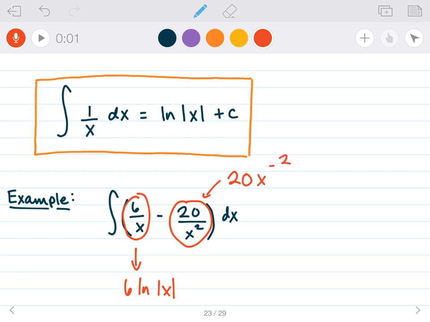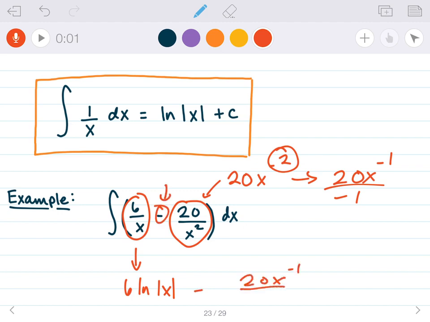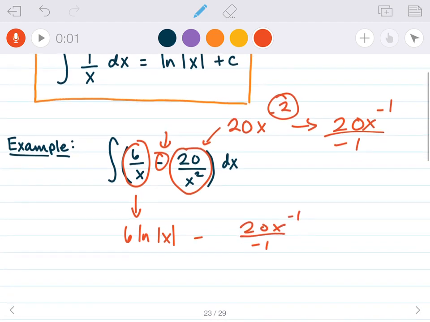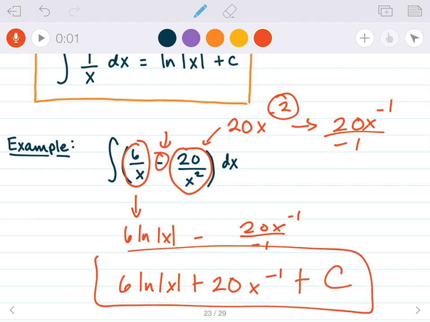So if I add 1 to the exponent and divide by that number, I get 20x to the negative 1 over negative 1. But remember that negative is here, so we have this. And so basically, if you want to write this a little bit better, this is going to be plus 20x to the negative 1 plus c, because it's indefinite. There we go.